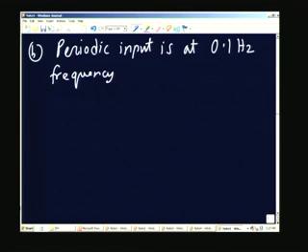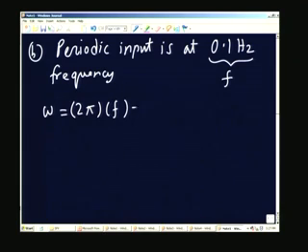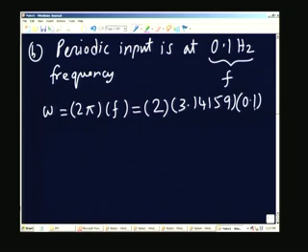So, it is very simple to do. If you remember, f is the frequency, and omega will be given by 2 pi times f, that will be 2 into 3.14159 multiplied by 0.1, in radians per second, and this works out to 0.628 radian per second.